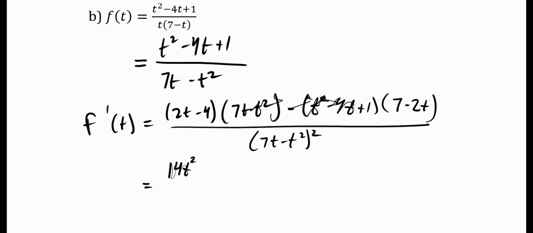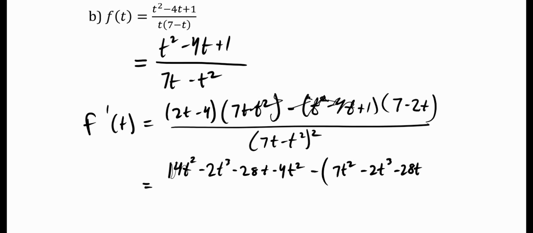14t squared minus 2t cubed minus 28t minus 4t squared minus 7t squared minus 2t cubed, t plus 8t squared plus 7 minus 2t.